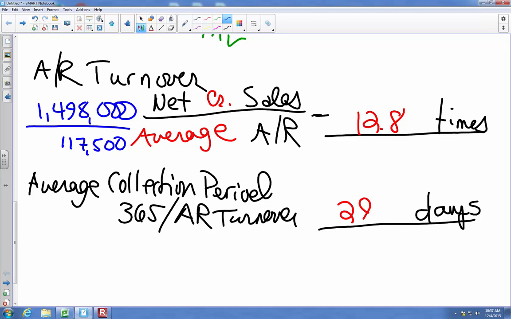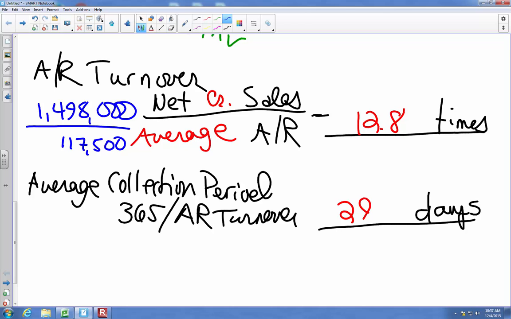Good or, well, I don't know, is it? 30 would be better, 6 would be worse. You have to compare it to other like-kind companies. That's the key, really. Does everyone see where this number came from then? Once I get the 12.8, 365 divided by 12.8 gives me 29 days.